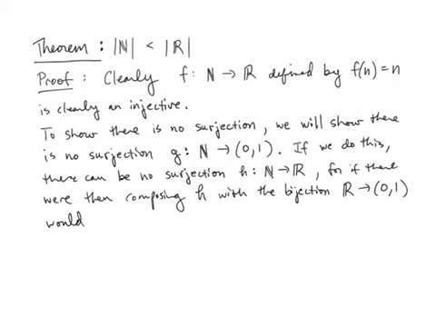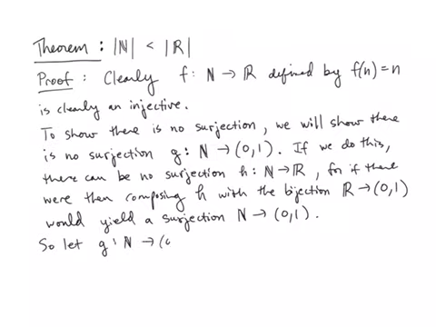So if there were, then composing H with the bijection from R to (0, 1) would yield a surjection from the naturals to (0, 1). And that's the thing we are showing does not exist. So let g from the naturals to (0, 1) be any function.